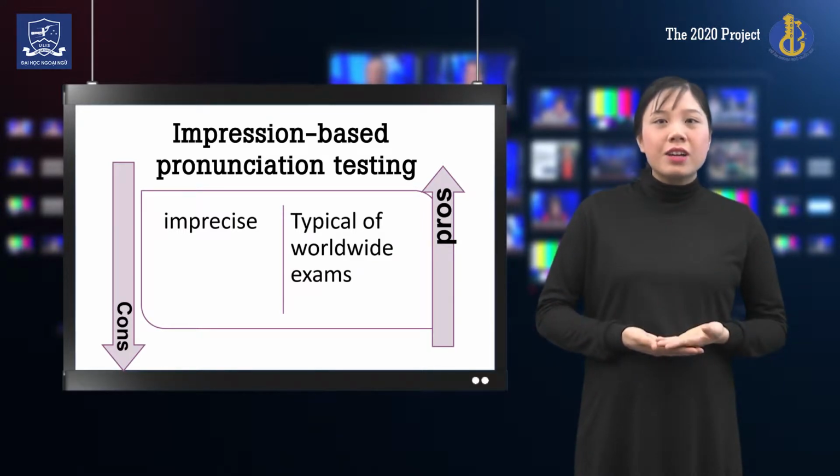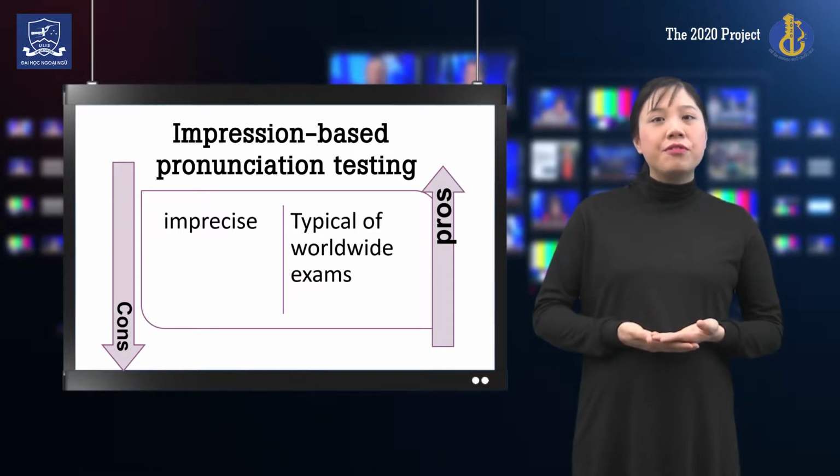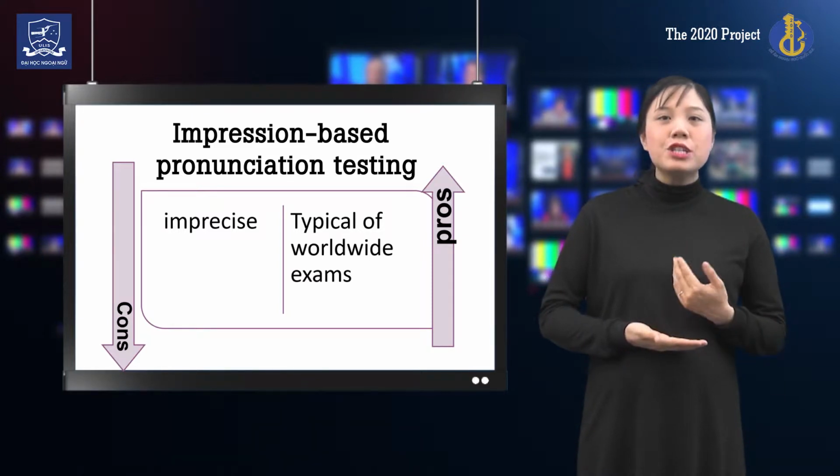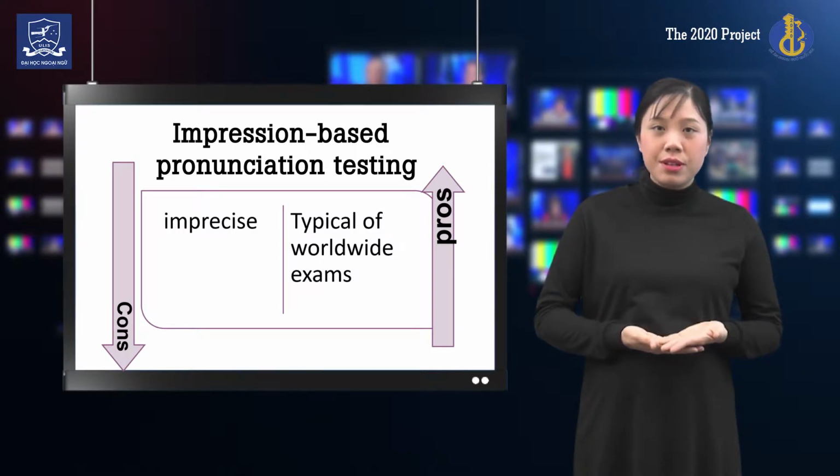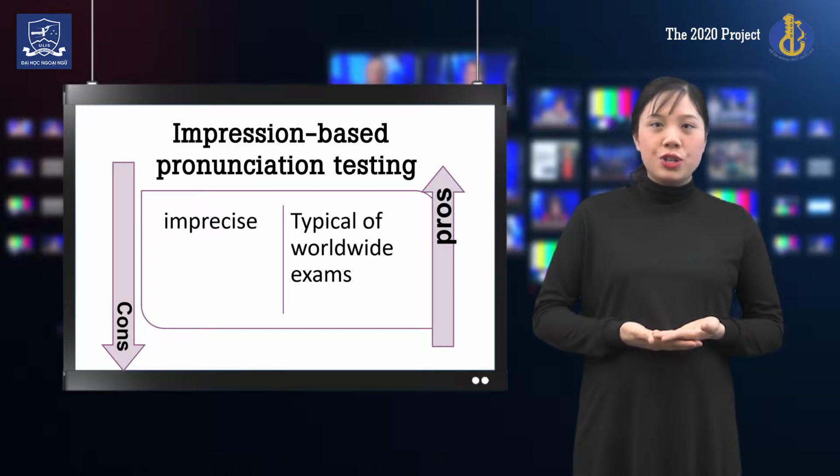According to Szpyra-Kozłowska in 2005, impression-based pronunciation testing has many drawbacks. She mentioned that different assessors may have different criteria of evaluation, and it is also more general and therefore can be imprecise.